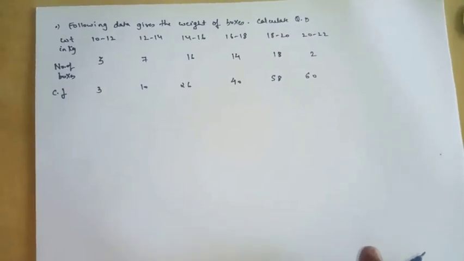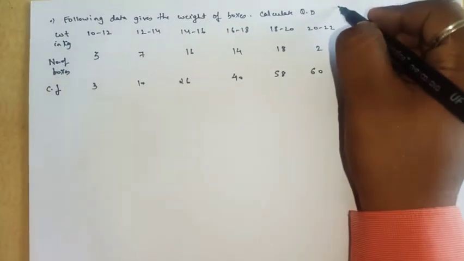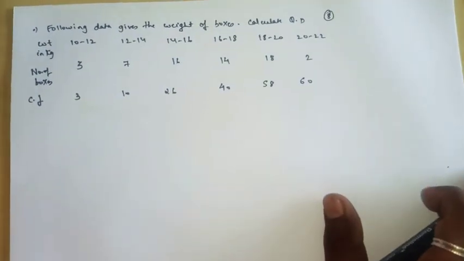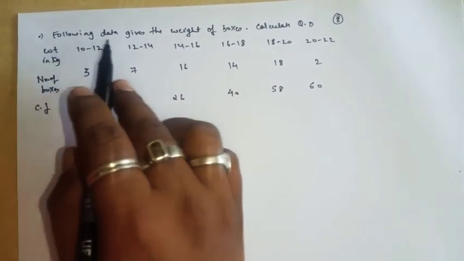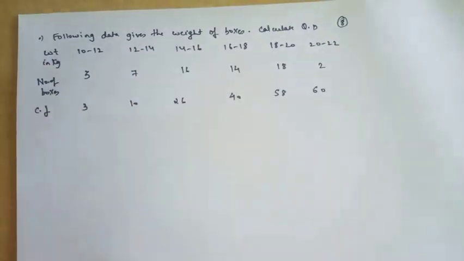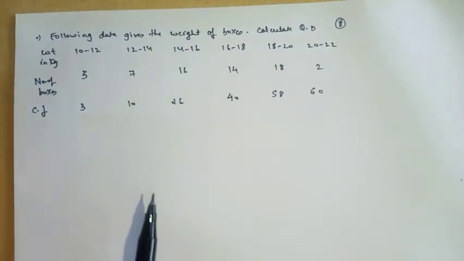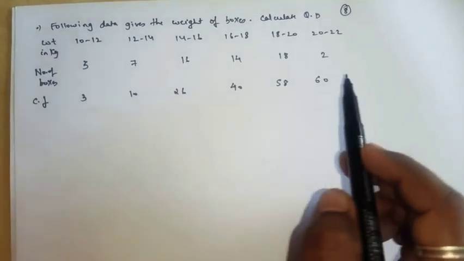So let's move on to the next sum, as this is the last sum of your exercise, that is question number 8, I guess. Here in this question we have weight in kg. The first row is the class, number of boxes. The second row is the frequency, and one more column they have given, that is the cumulative frequency.